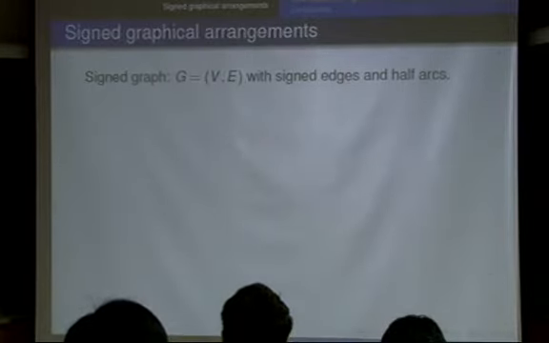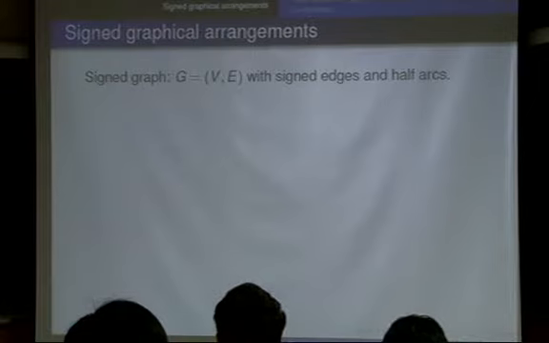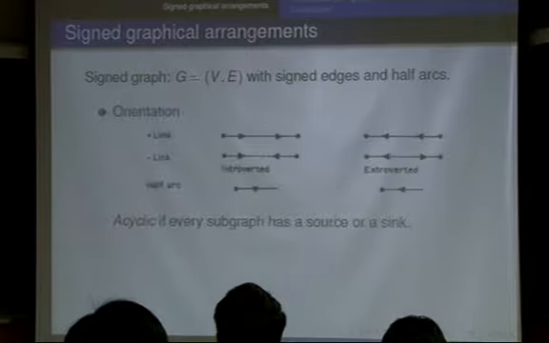Okay. There's another way to prove our theorem for classical types A, B, C, and D. It uses something called a signed graph. A signed graph is a graph, so V and E are the vertex and edge sets, but here there are three kinds of edges: positive edge, negative edge, and half arc.